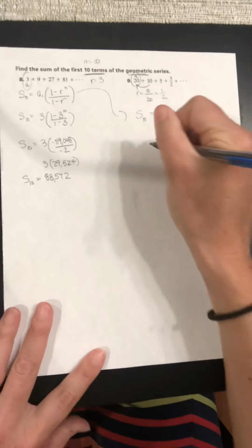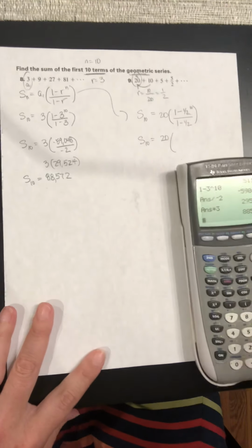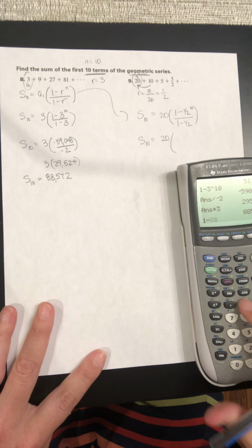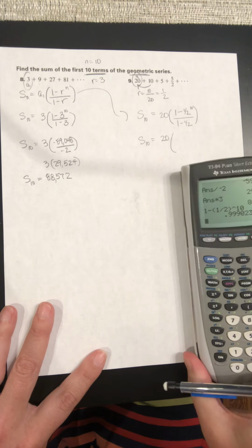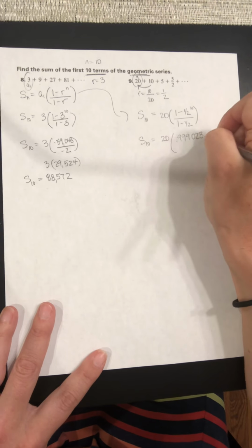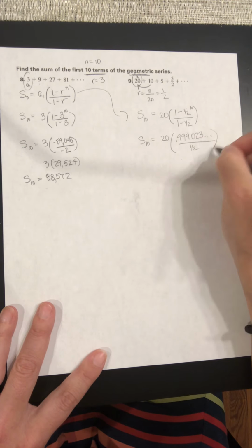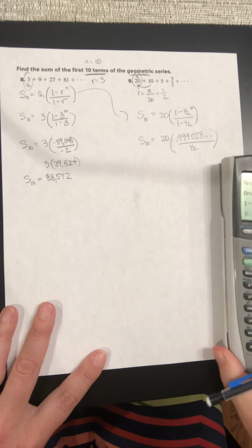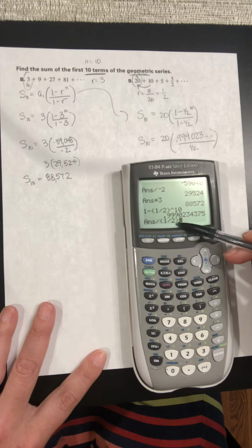Okay, so S sub 10 equals 20. So now I'm going to do 1 minus 1/2, you could also again use 0.5, to the 10th power, and I get that. Do not round. And then 1 minus 1/2 is 1/2. So we're going to take that decimal and divide it by parentheses 1/2. Notice I put that in parentheses.